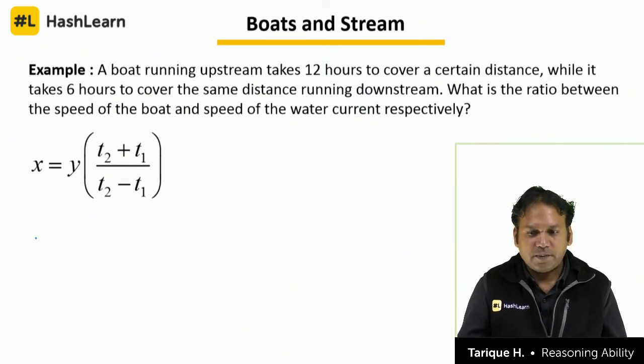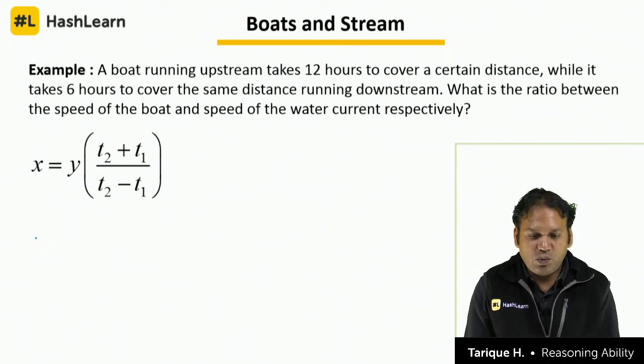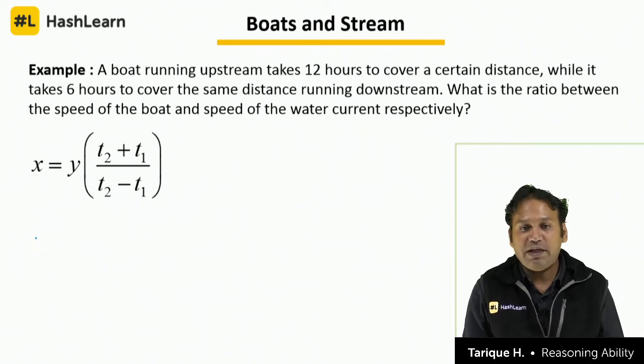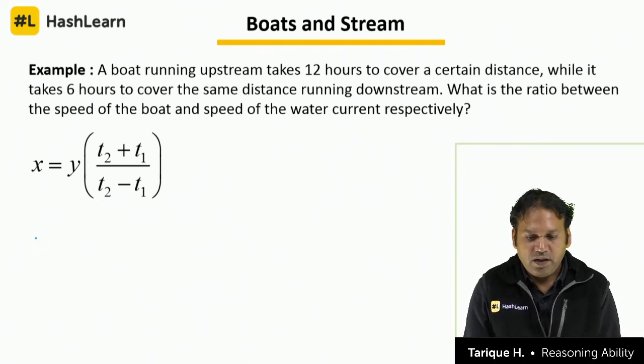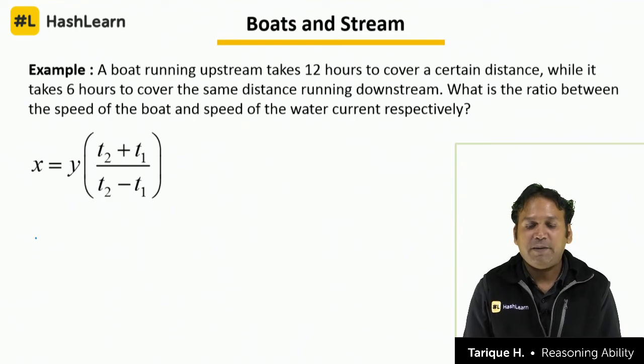A boat running upstream takes 12 hours, while it takes 6 hours to cover the same distance running downstream. What is the ratio between the speed of boat and speed of water current respectively?